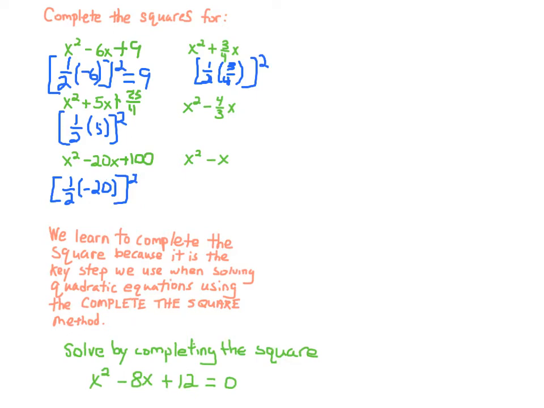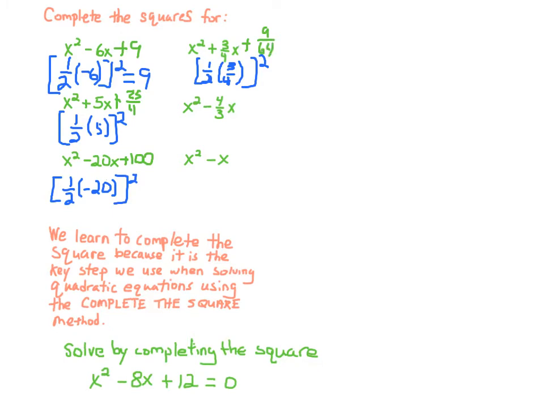So half of 3/4 is 3/8, and 3/8 squared is 9/64. So plus 9/64 completes the square there.